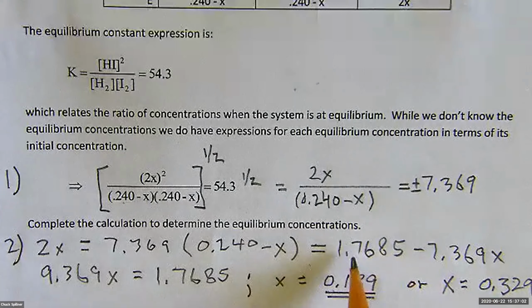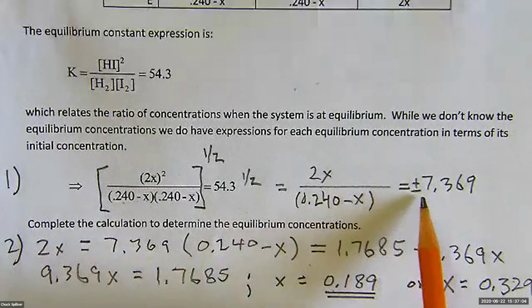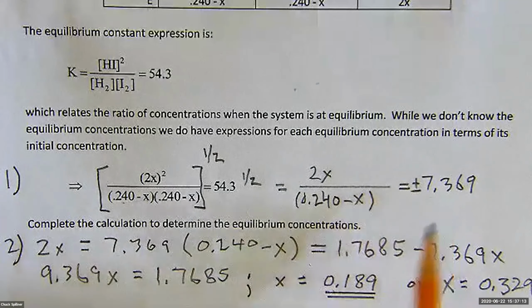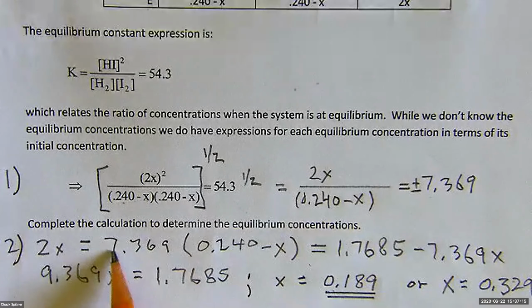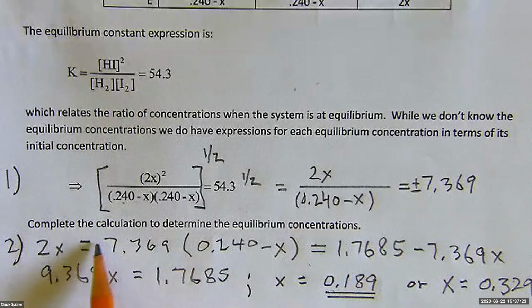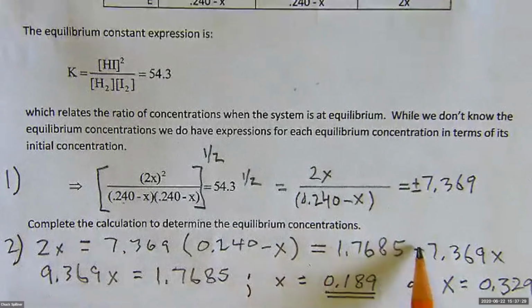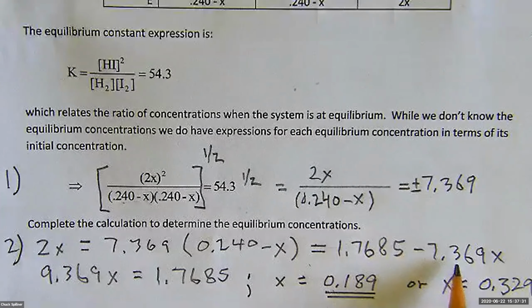Now remember, when we took the square root of 54.3, we got plus or minus 7.369. The solution down here is for the plus 7.369. If we solve it for minus 7.369, then the signs here will change. This will be minus 1.7685, and this will be plus 7.369.